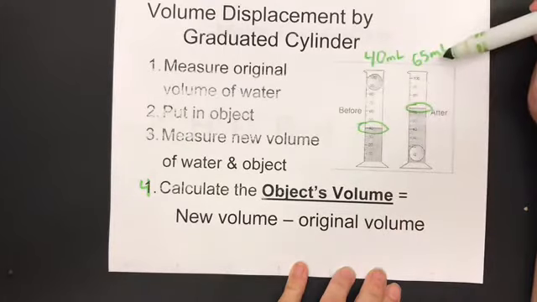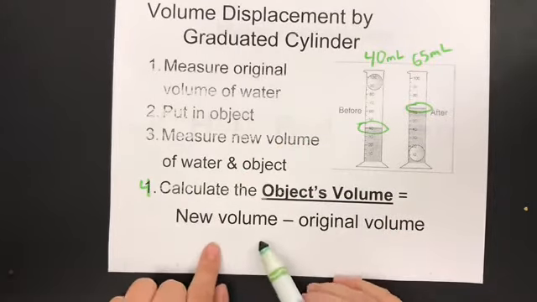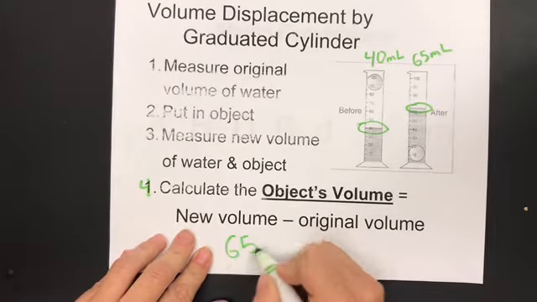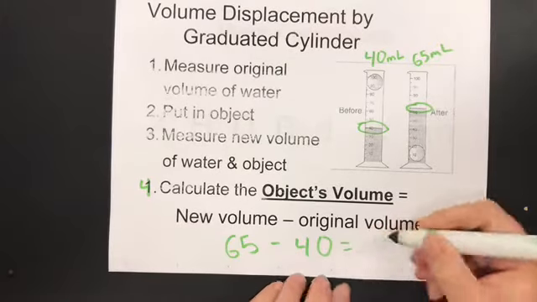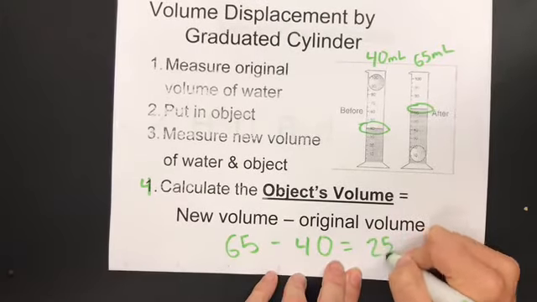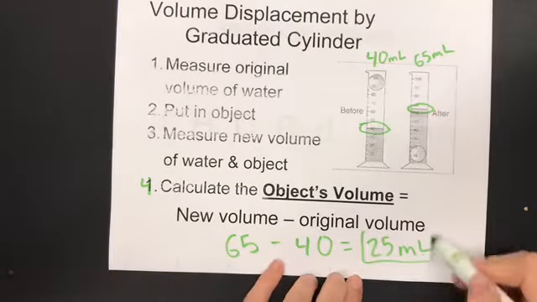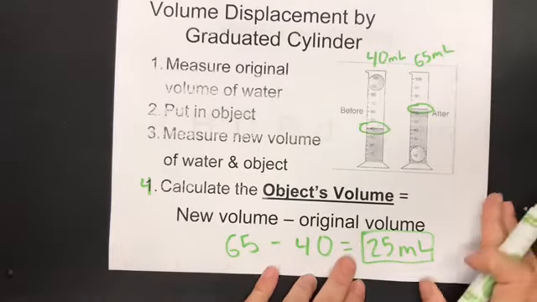Step 2, new volume. Last step, you're going to do the new volume minus the original. So you're going to do 65 minus 40. That would give you 25 milliliters. And that is how you find the volume of an irregular object using water displacement.